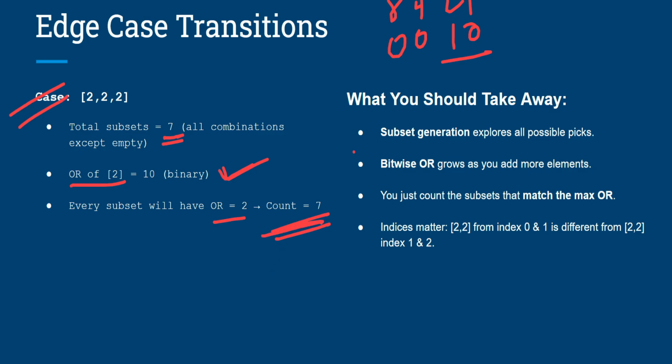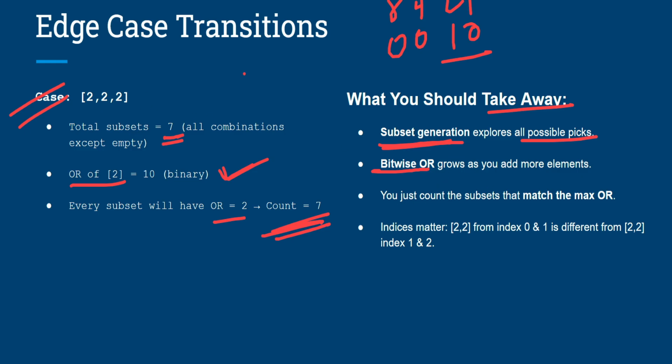Okay, now what you should take away? Very first, you have to do subset generation. You have to explore all the possible picks, so you will generate the subsets. Then the bitwise OR grows as you add more elements, correct?